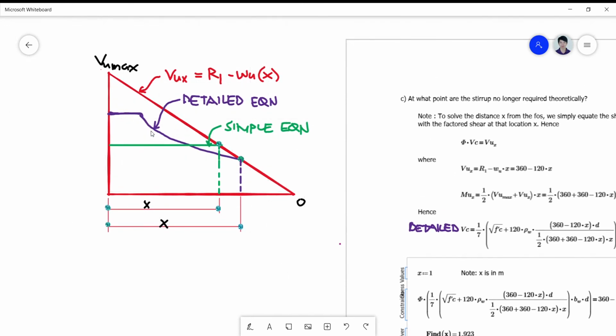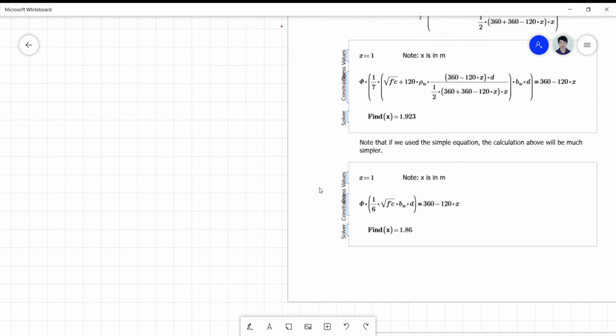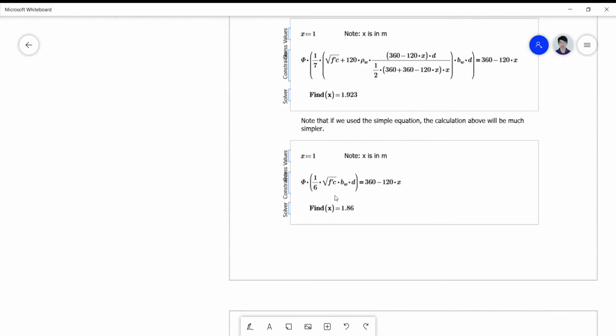And the last one, the green one, is the simple equation we use on a day-to-day basis, given to us by the ACI or the NSCP in this form. So this is your simple shear equation.